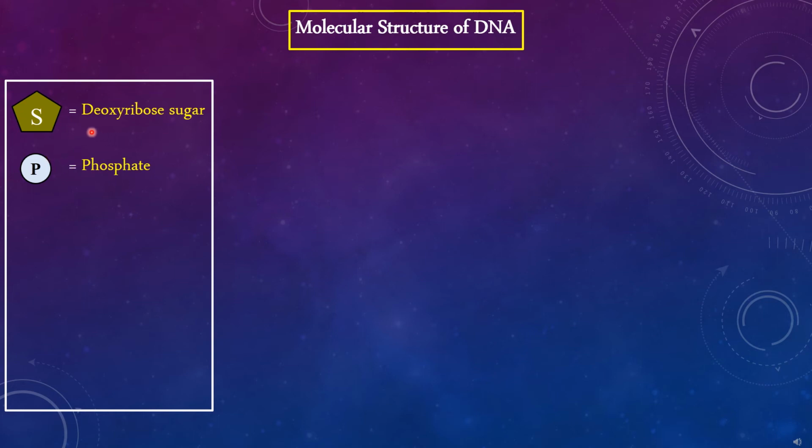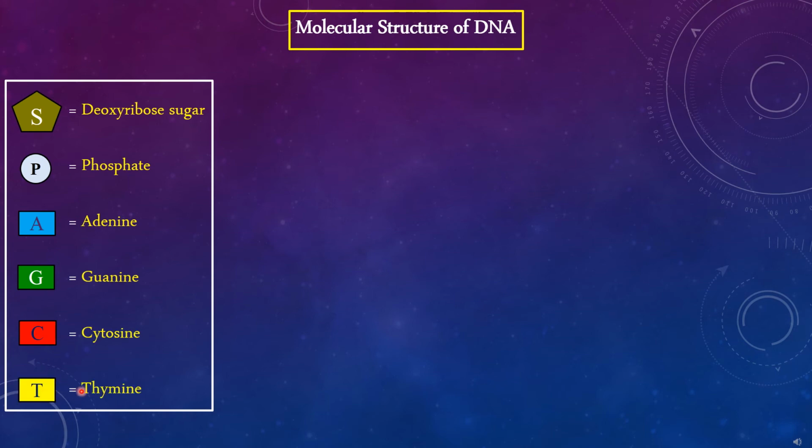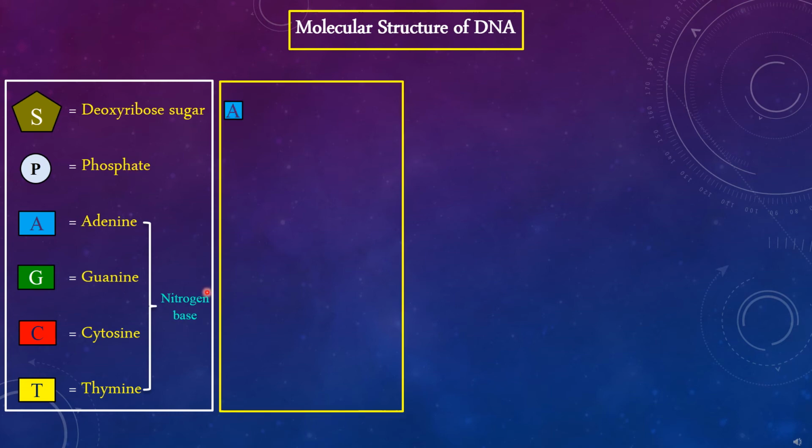Deoxyribose sugar is indicated by S and inorganic phosphate is indicated by P. Adenine, guanine, cytosine and thymine are collectively called nitrogen bases. DNA is composed of deoxyribose sugar, phosphate and nitrogen base.